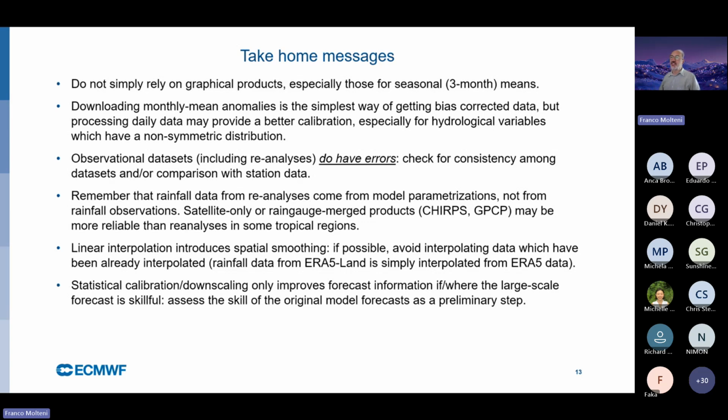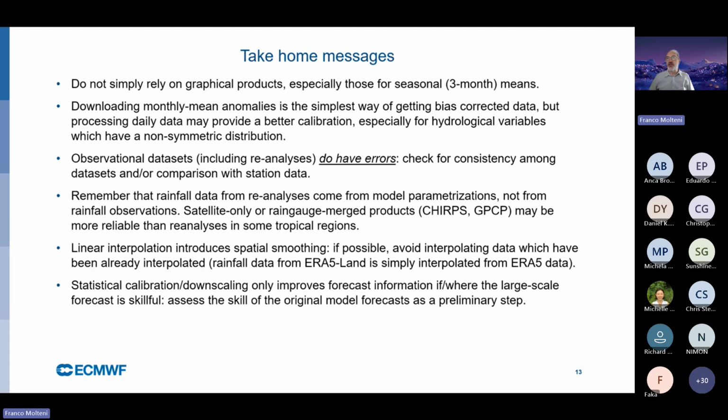We have done within C3S verifications of monsoon rainfall. It turned out that ERA5 was a pretty good match to GPCP over India, but not very much over China, for example. We have no time to go into this detail, but you have to make this comparison between different data sets to find out what observational data set will be useful for you.